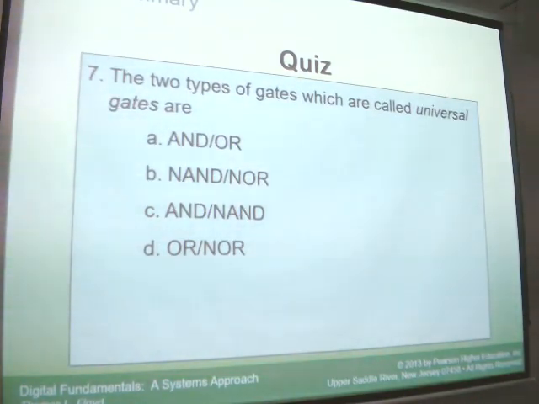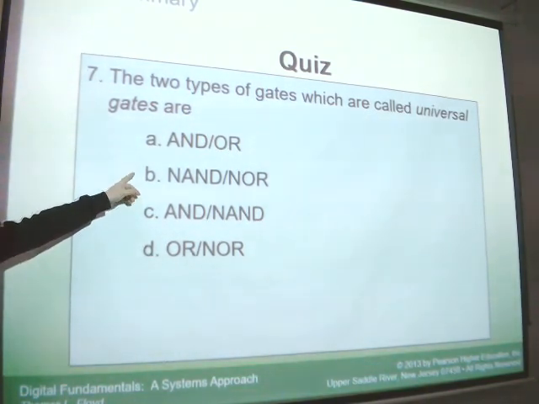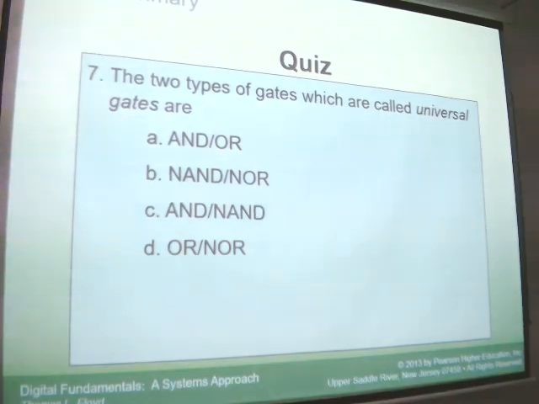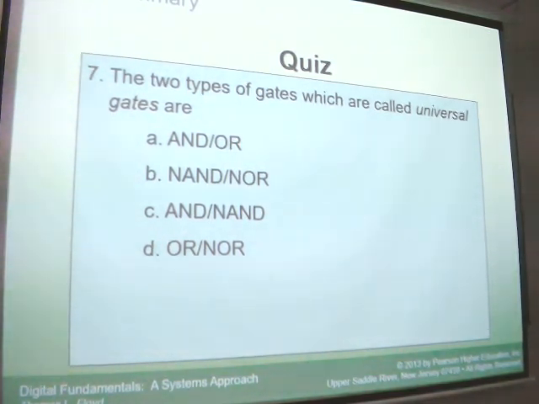Question 7. The 2 types of gates which are called universal gates are what? AND or OR? NAND or NOR. So the answer is B. Universal gate.